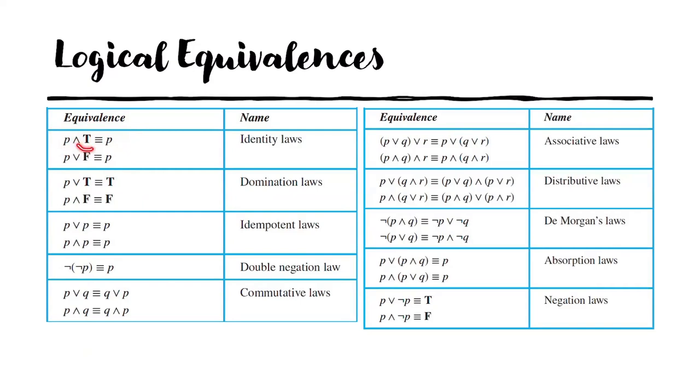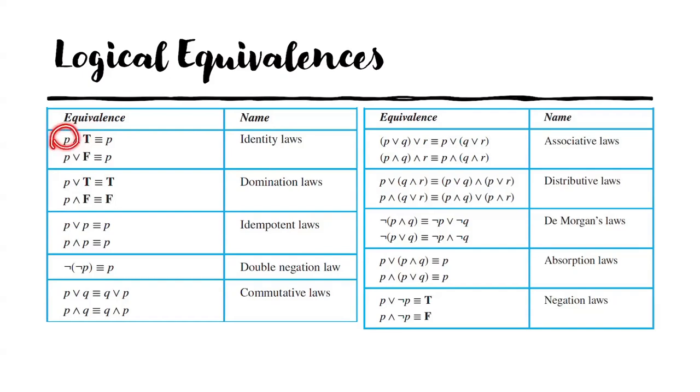So if you already know one of the compound propositional values is always true, then the result of P and a tautology will depend on your proposition P.